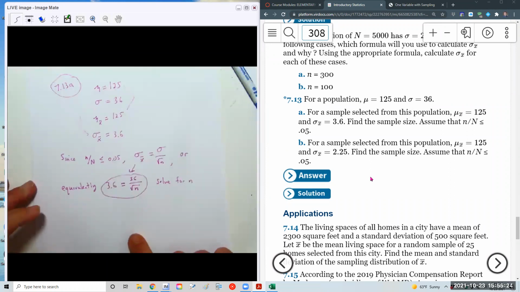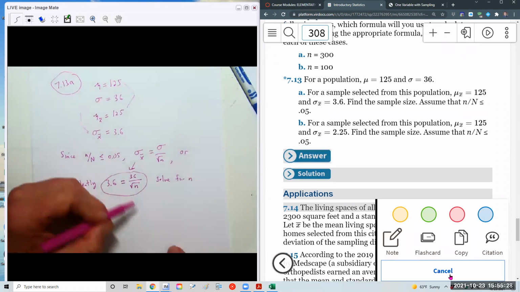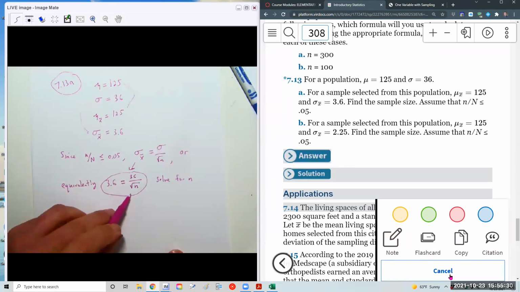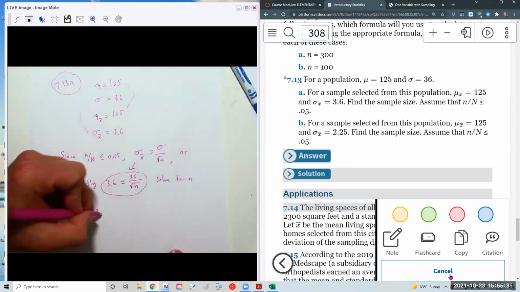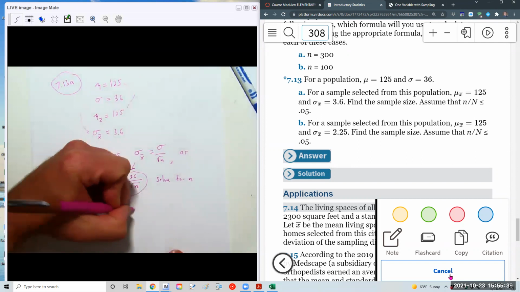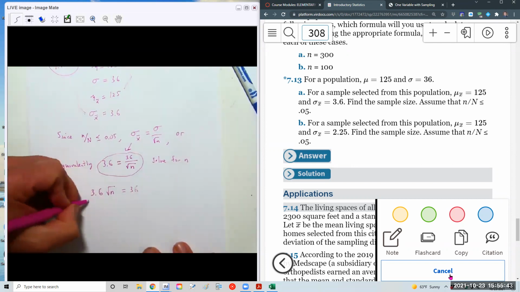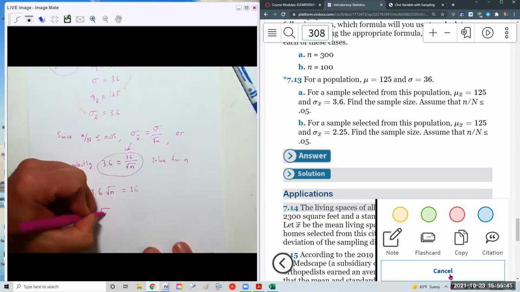So this is just some algebra business. I really am not that concerned about it, but we'll do it anyway. To solve this, we're going to multiply both sides by the square root of n. So then 3.6 times the square root of n is equal to 36. And now divide both sides by 3.6 so you can isolate the square root of n.